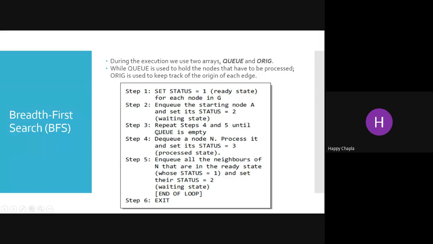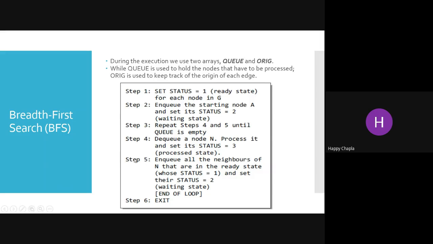Now step number 3, repeat steps 4 and 5 until queue is empty. Step number 4, dequeue a node n. Dequeue means deletion. Process it and set its status equal to 3, so that means it's already processed.